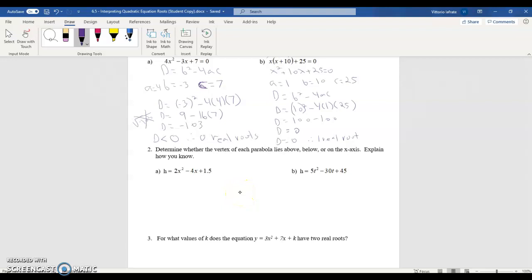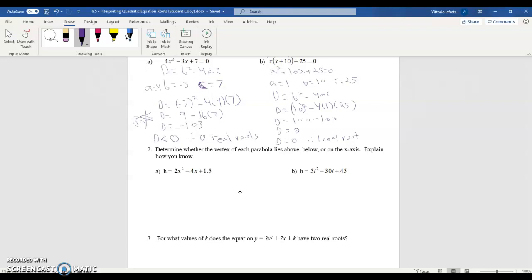Determine whether the vertex of each parabola lies above, below, or on the x-axis. In other words, what we're asking you is, first of all, how is the parabola opening? In which direction?